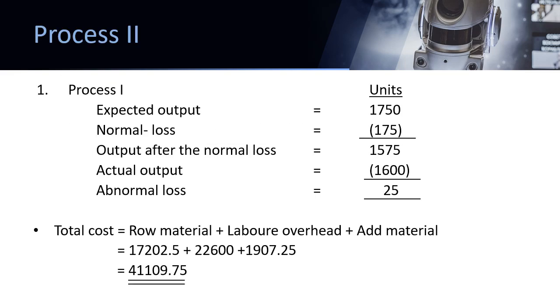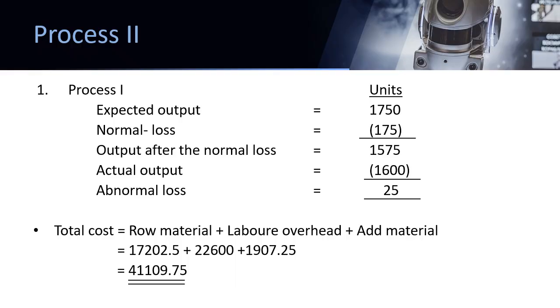Then we can calculate process 2. Expected output equals 1750 units minus 175 units of normal loss. Answer is 1575. It is the output after the normal loss. Process 2 shows actual output is 1600 units. Then we can calculate the abnormal gain of 25 units.